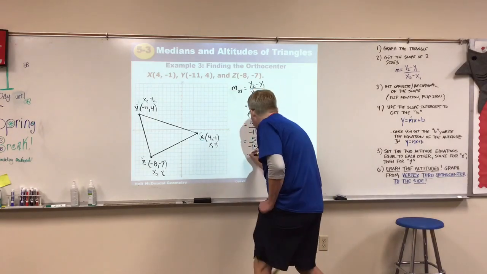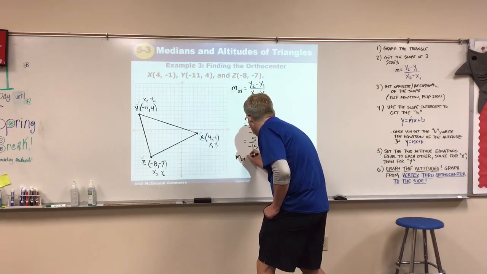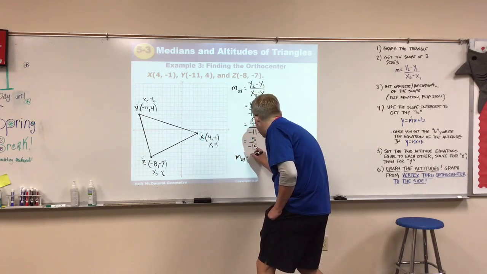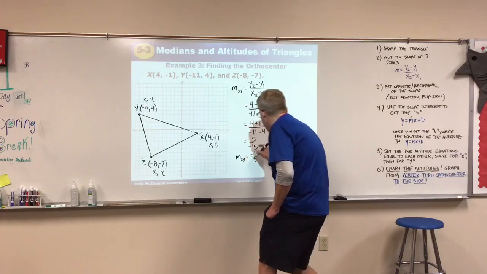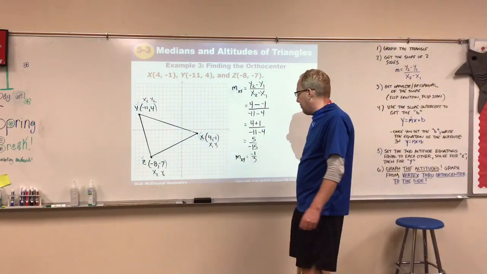Simplified, the slope of xy is equal to negative 1/3. 5 over 15 simplified is 1/3, and then the negative is negative 1/3.